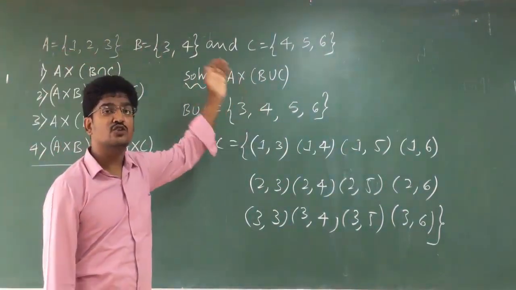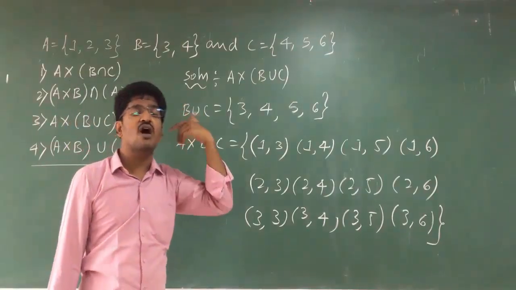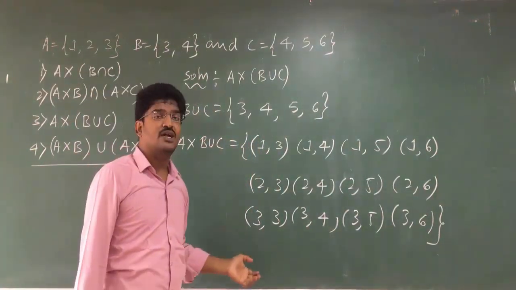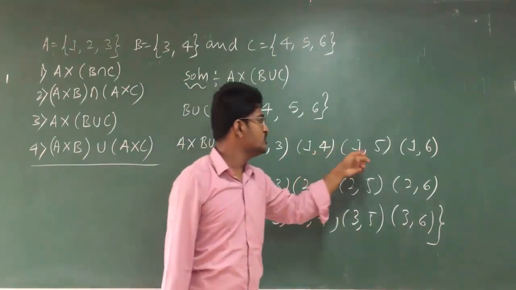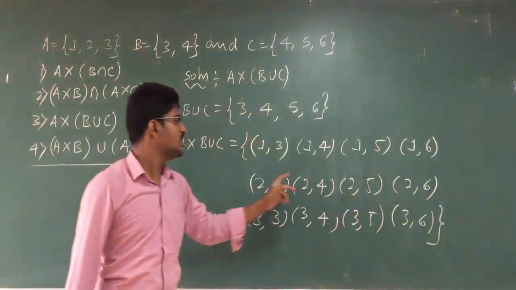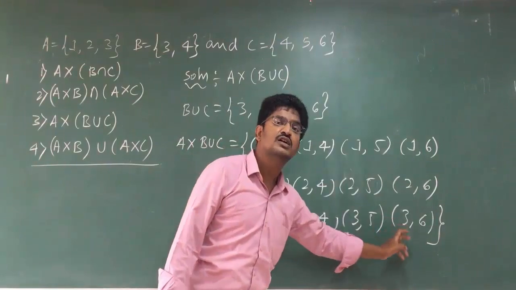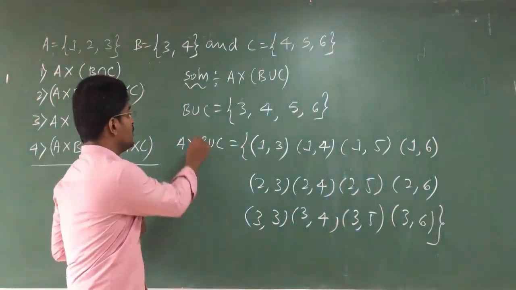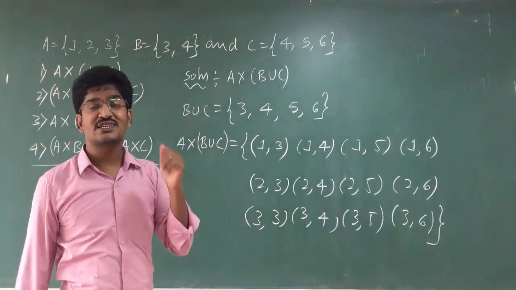We know that 3 into 4 is 12. Remember the remark which I have explained. So here there will be 12 elements. You can count 1, 2, 3, 4, 5, 6, 7, 8, 9, 10, 11, 12.